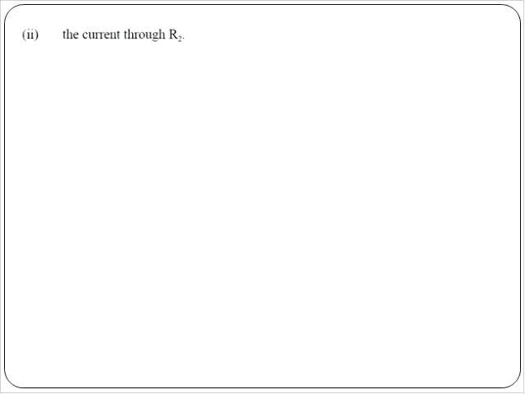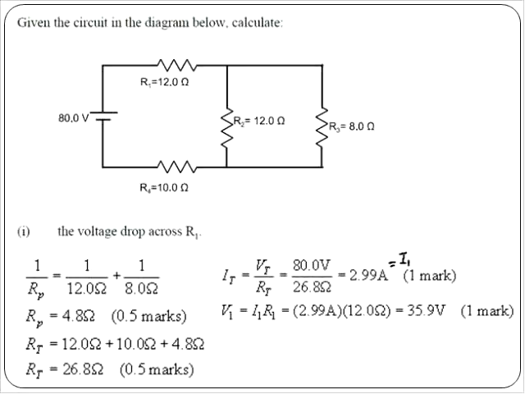The current through R2. Let's go back and look. R2 is right here. It's one of the parallel resistors. So probably the easiest way to find I2 would be to find V2 first. Because now that I know the current, I can easily find V4.